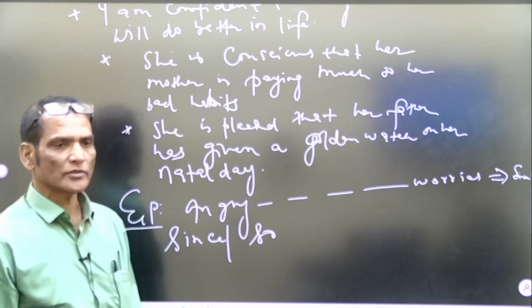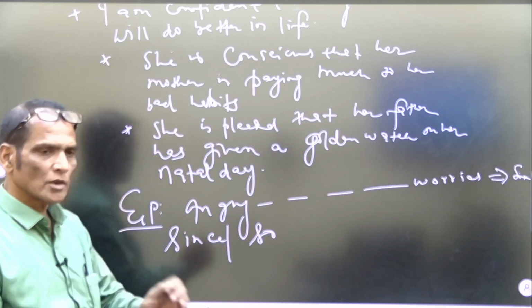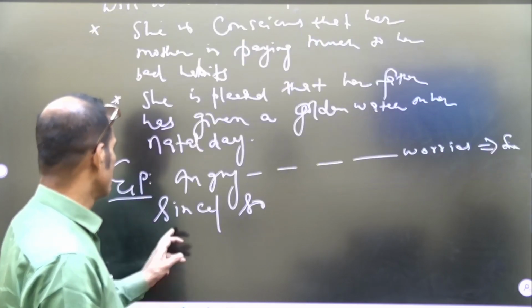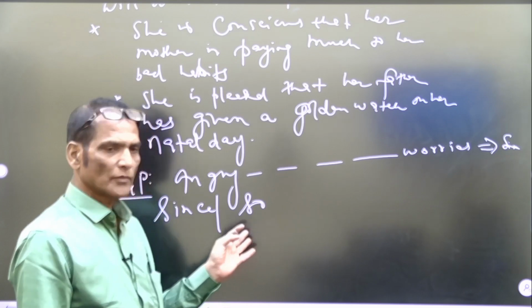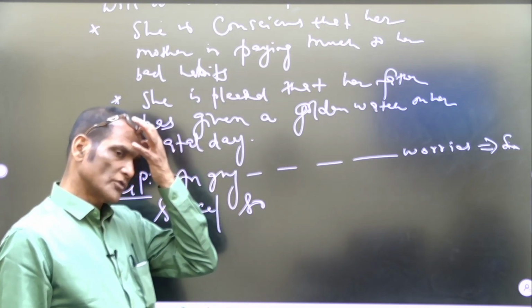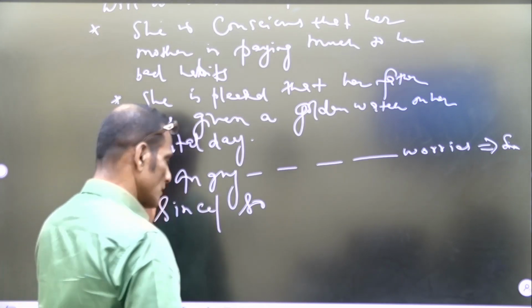If "that" is replaced by any one of the connectors or correlatives, then there is error. So I gave you since, and since and so are very frequent. I have seen it so many times in your question papers. Let's see how it is happening.